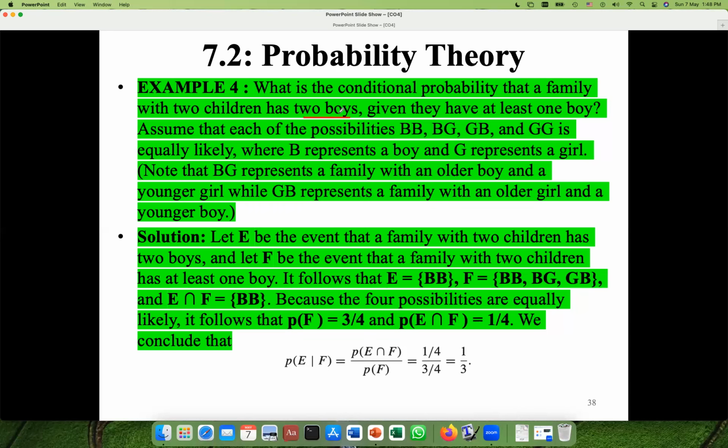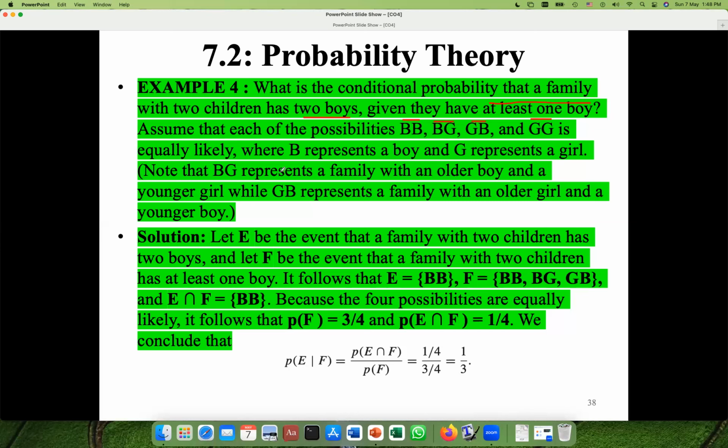Given that they have at least 1 boy. So this is now F. Assume that each of the possibilities, BB, both boys, boy-girl, girl-boy, and girl-girl, is equally likely, where B represents a boy and G a girl.